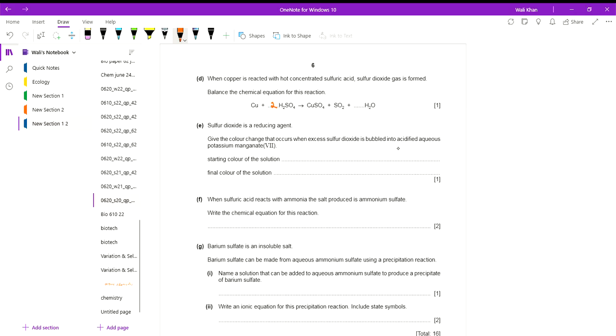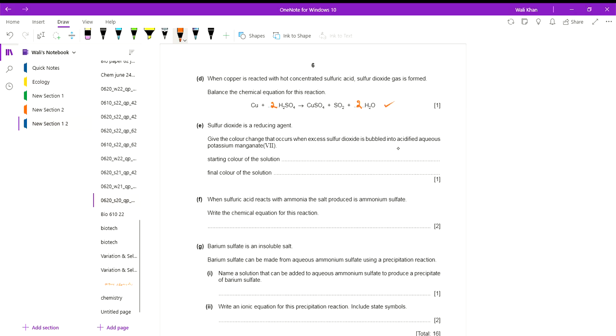If we write 2 here, then hydrogen is completed, sulfur is balanced, and oxygen is also 4, 5, 6, 7, 8. 4 to 8. Okay. So our equation is balanced.